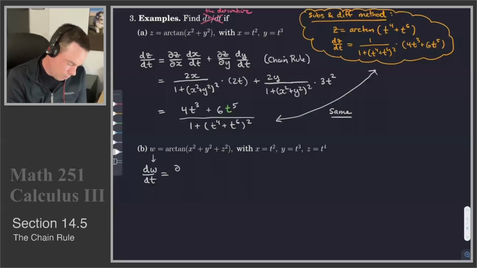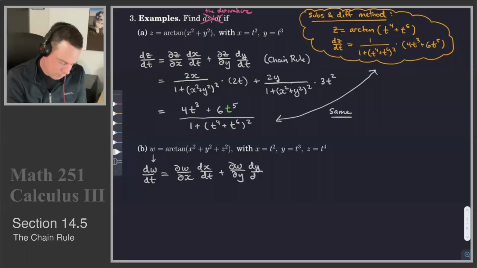So this is going to be the partial derivative of w with respect to x, times dx/dt, plus dw/dy, dy/dt, plus dw/dz, dz/dt.